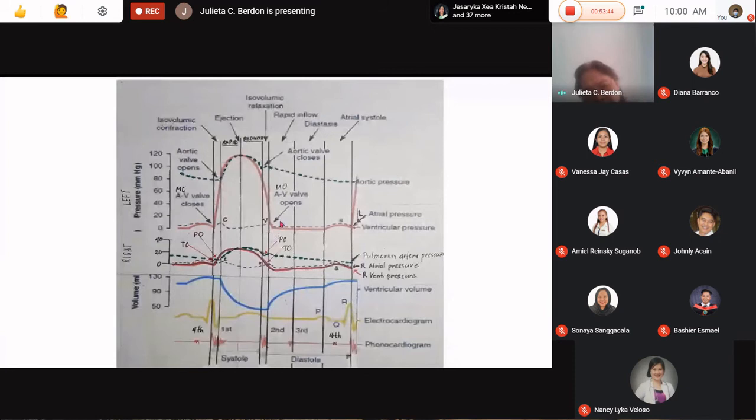That will mark the end of the isovolumetric relaxation and the beginning of the rapid filling phase. It's very logical, so it's not difficult to memorize.